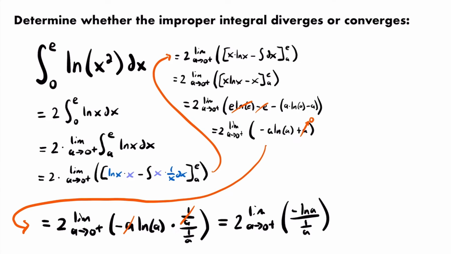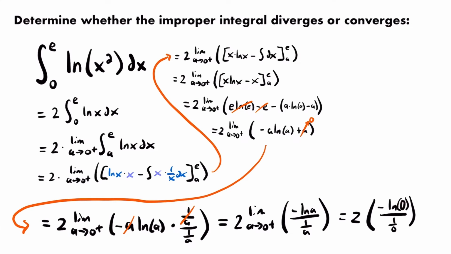Okay, so now we have rewritten our limit. It's still the same limit, just expressed differently. Now let's see what happens if we plug 0 in for a in this expression. We'll have 2 times negative the natural log of 0 divided by 1 divided by 0. And that's kind of a mess, right? That doesn't look so good.